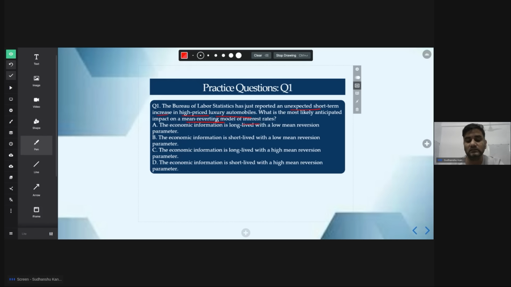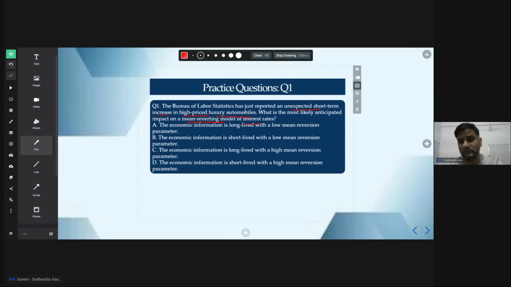So there is an unexpected short-term shock, and we are asked in a mean reverting model, what is the likely impact? Key concepts here are that there's a short-lived shock. Obviously, when you're in a mean reverting setting, the data release is not a structural shift, and it's not a long-term inflation expectation. It's a short-term blip, so the market expects it to fade, right?